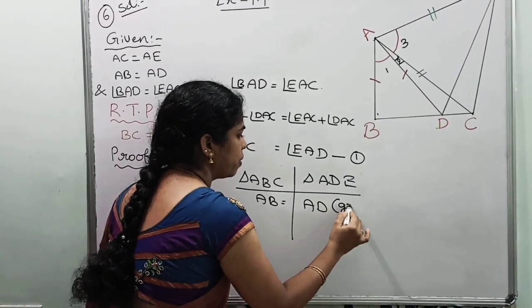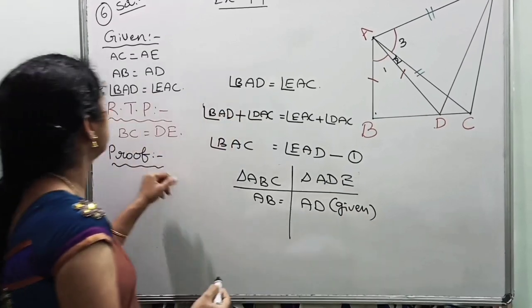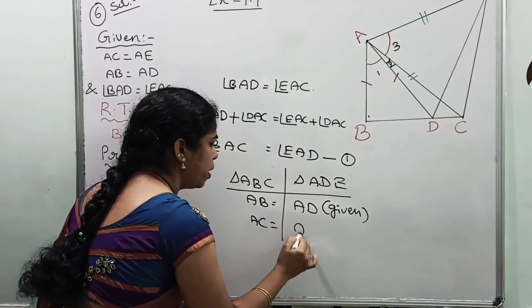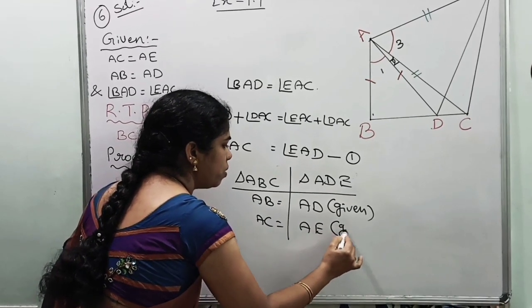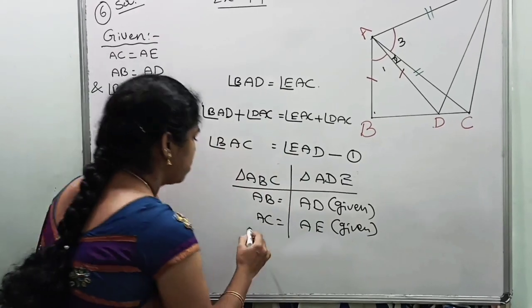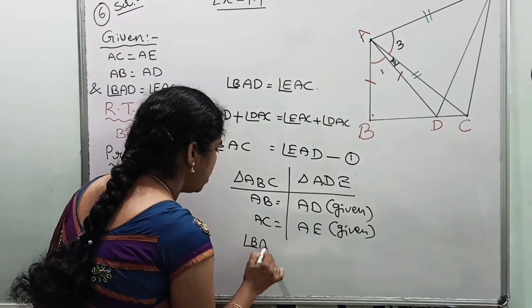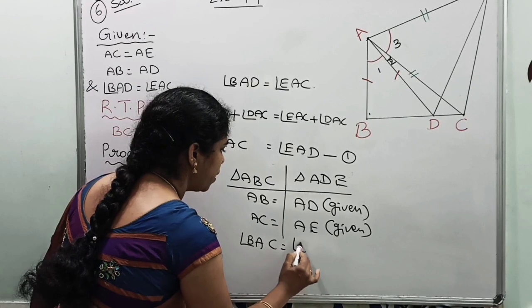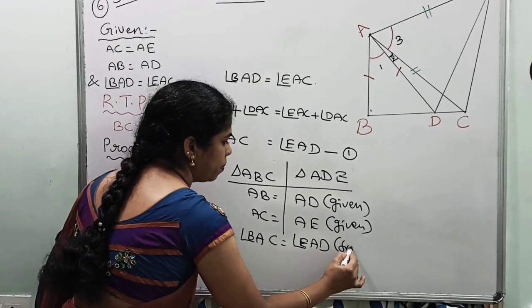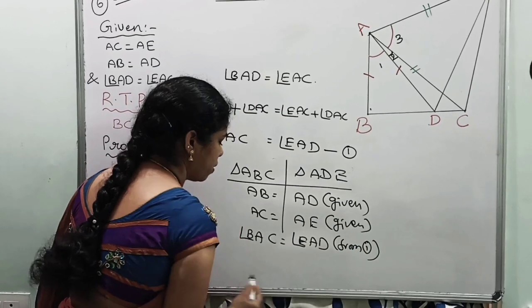This is given. And also AC equal to AE. This is also given. Just now we proved that angle BAC is equal to angle EAD from point number 1.